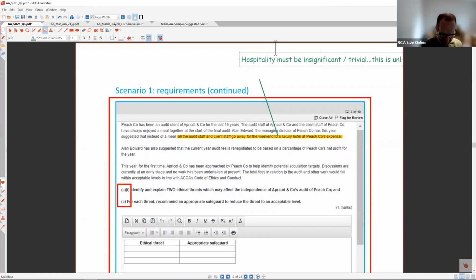This is unlikely to be the case. So this is self-interest, or you could say familiarity.